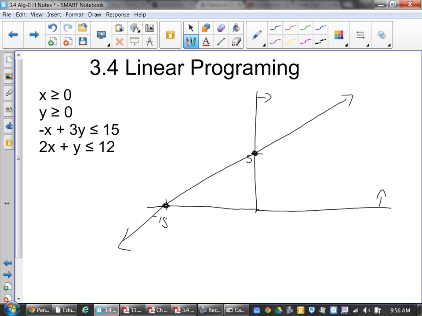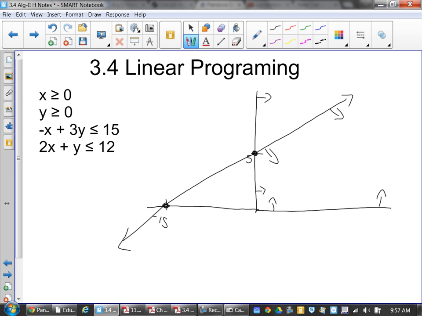Where am I going to test it? 0. What's 0 plus 0? 0. Very good. Is 0 smaller than 15? Yeah. So this one is shading downward. I know it's still going this way and this way, so I don't need to worry about the tail to the left of the y-axis.